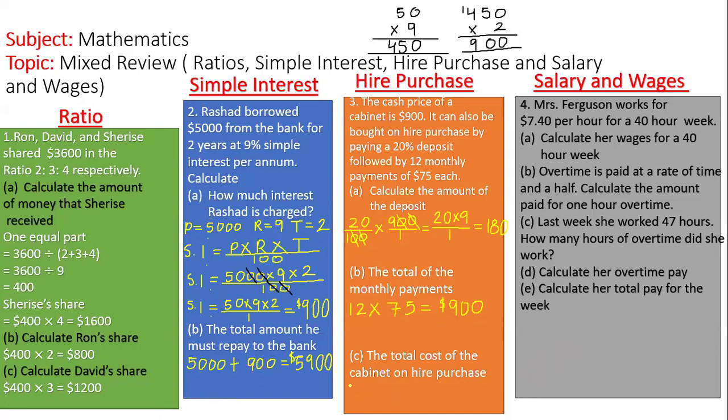Let's start off with the deposit. The deposit is $180, plus the total monthly payment, which is what? 900. And that gives us what? 1,080. How do we get that? We add 180 plus 900, and that gives us 1,080.